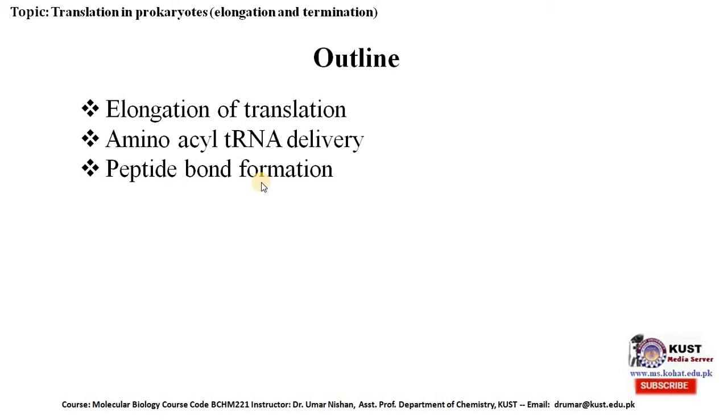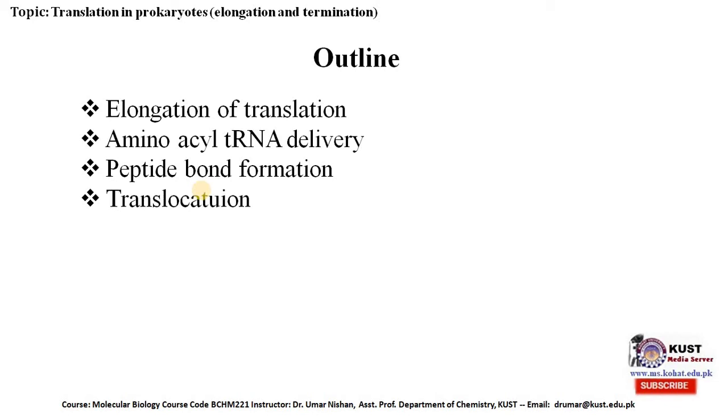Remember that in the process of translation, information is provided by the messenger RNA in the form of codons, but then the different amino acids are linked together by peptide bonds in the newly formed chain of amino acids. So we will talk about how the peptide bond is formed.